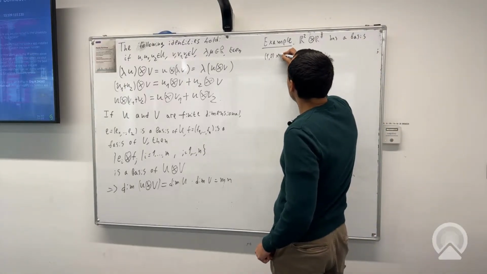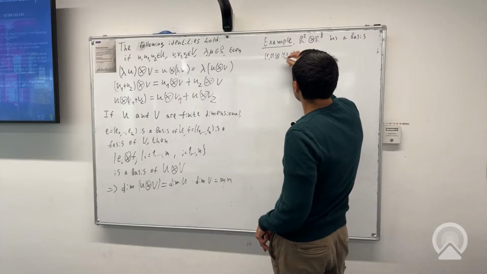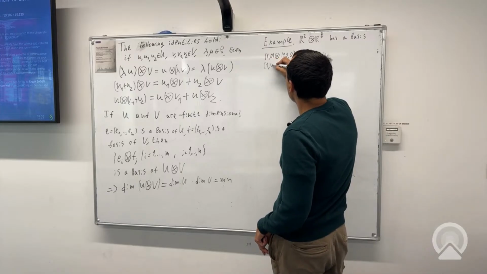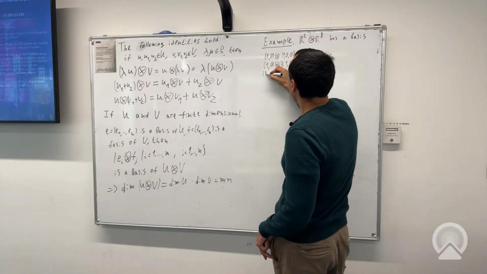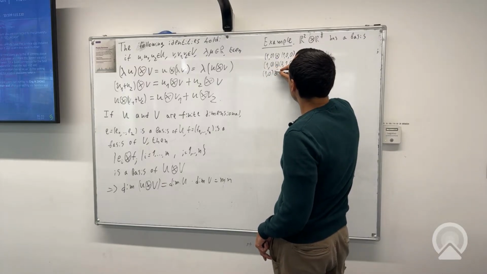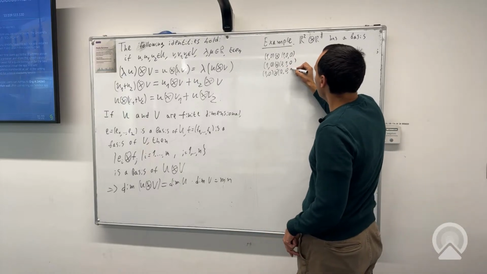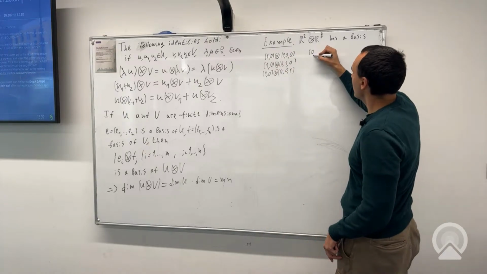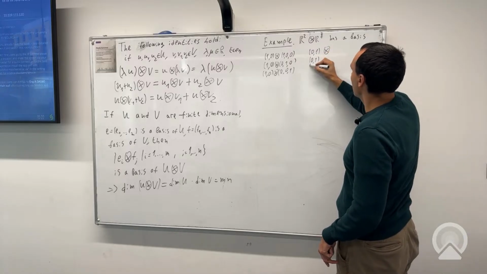(1,0) with (1,0,0), (1,0) with (0,1,0), (1,0) with (0,0,1), and then again the same with the second being 0.